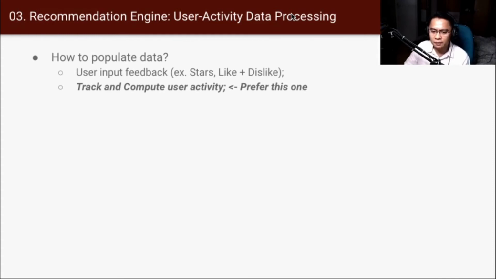So I always prefer the weighting or scoring based on real user activity.